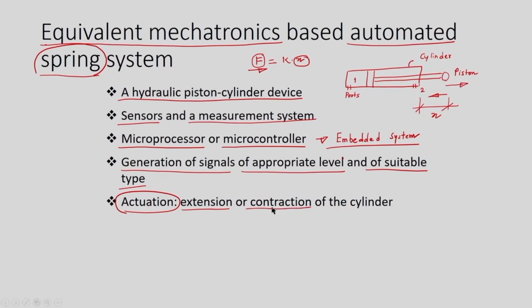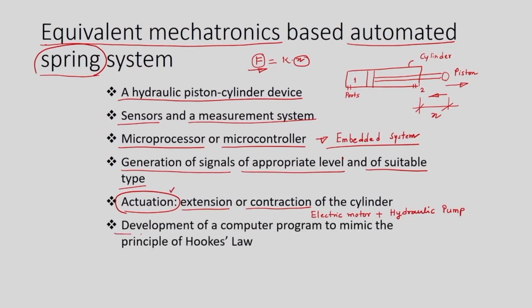This extension or contraction of the cylinder is done using pressurized hydraulic fluid, which is generated using an electric motor and hydraulic pump arrangement. So the pump and motor arrangement are the actuation devices, and then we need to write a computer program, a set of instructions which mimics Hooke's law.